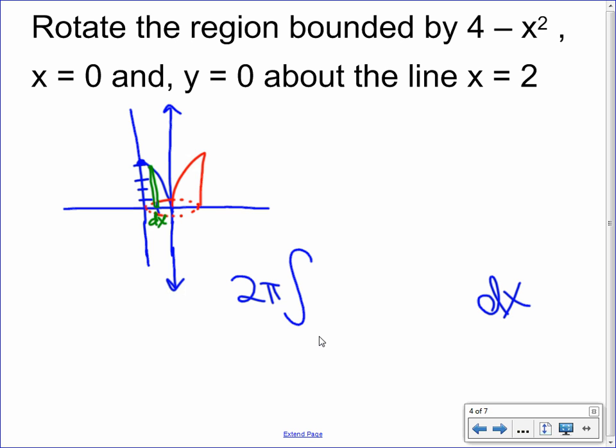What about the distance from my line of rotation to the x-axis? Okay, it's 2. So if I take right minus left, we have that 2 minus x. How tall are my rectangles? And our limit of integration? 0 to 2. That's what we do.